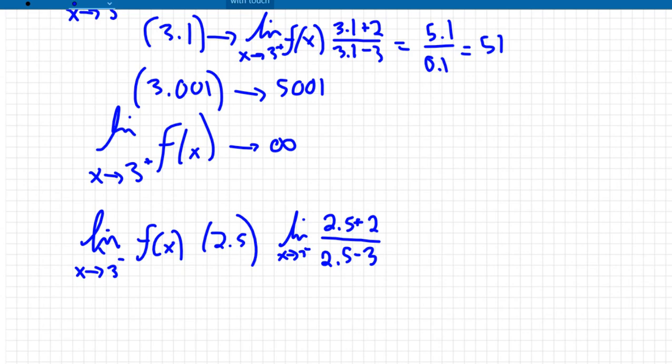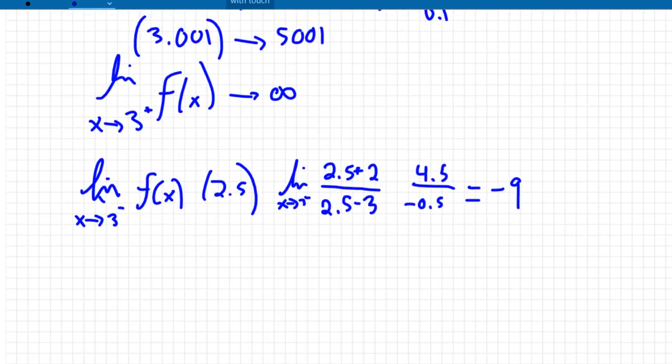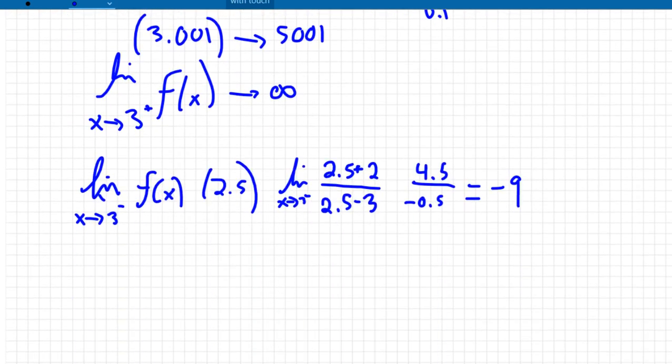And then we go ahead and do that arithmetic. We get 4.5 over negative 0.5. Okay, so this one is negative 9. Our previous one was just 9. This one's -9.